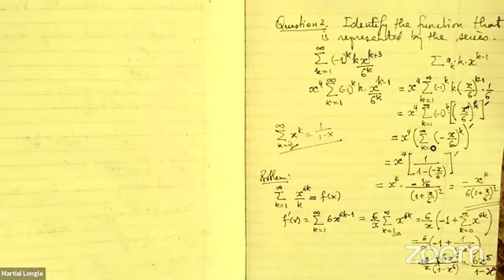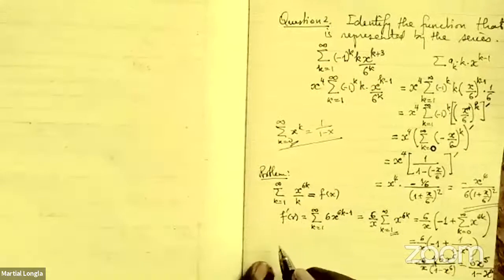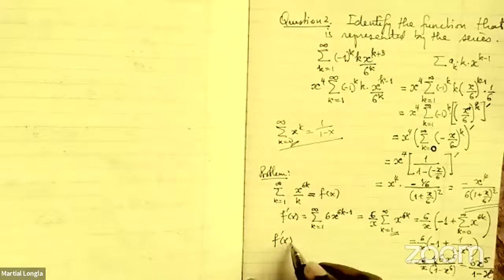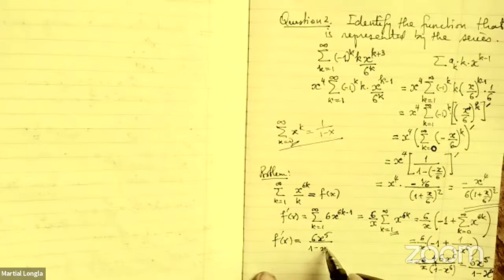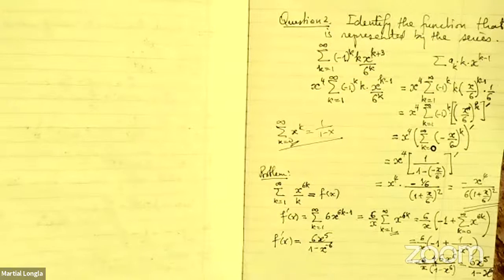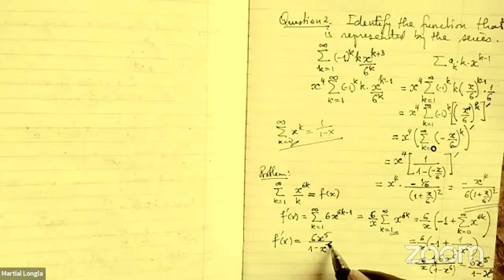All right? So you have f prime of x equals 6x to the 5th over 1 minus x to the 6. I'm sorry, x to the 6.